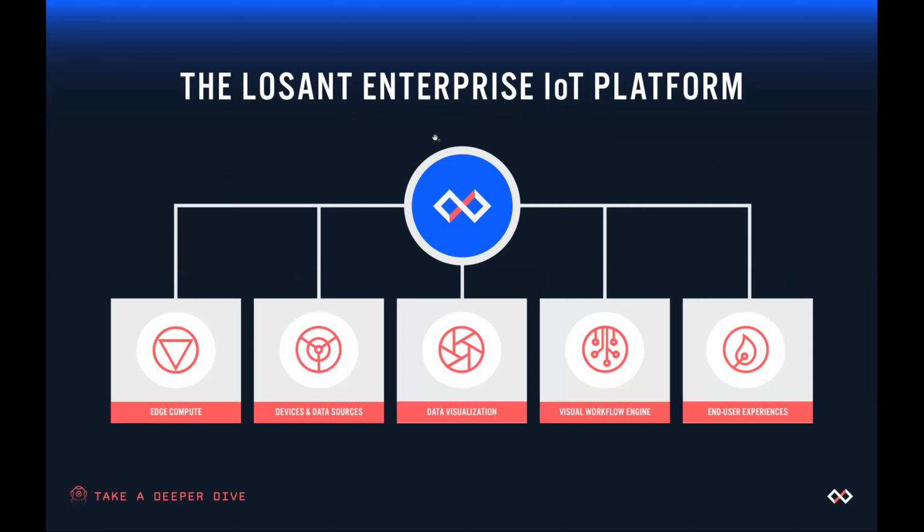There's a lot of functionality that makes up Losant, but we've divided it into these 5 main components, which we feel represent the complete technology stack that is required on the software side when developing an IoT application. That includes edge computing, your devices, and incoming data sources, the data visualization, which includes dashboarding and batch analytics, our visual workflow engine, and finally, the end user experiences. And that's what's used when building and publishing your own completely custom and branded applications.